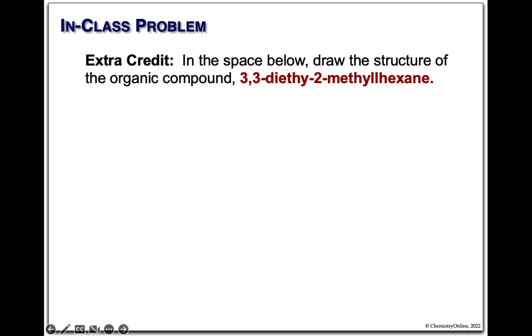First thing you want to do is look at this and say, how many carbons in the longest chain? It's a hexane. Hex means 6. So we start off with a zigzag with 6 carbons. 1, 2, 3, 4, 5, 6.